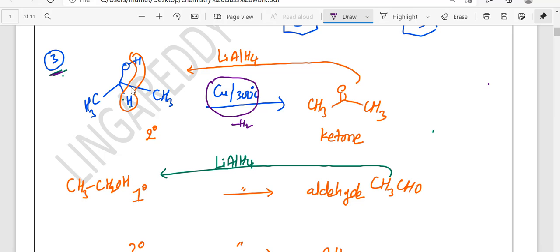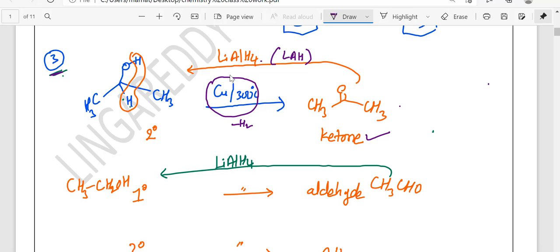Okay, so these secondary alcohols, by removing two hydrogens, form ketone. If you reduce this ketone using lithium aluminum hydride, the short name we can say LAH, again you will get alcohol.